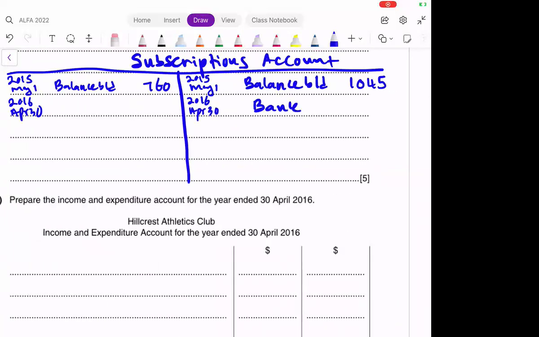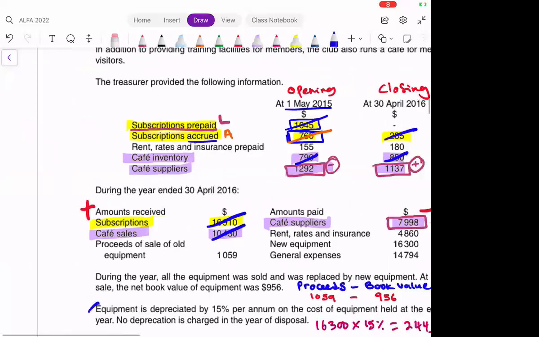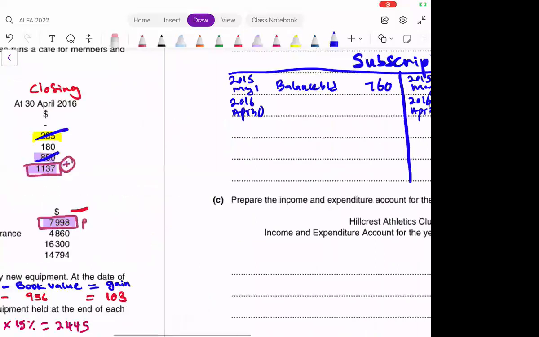Bank 16910. Then the last one is balance CD. If BD is debit, CD will be against, credit 285.